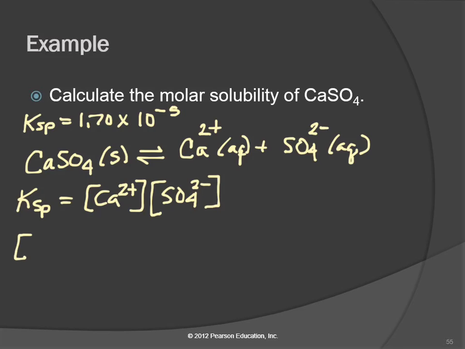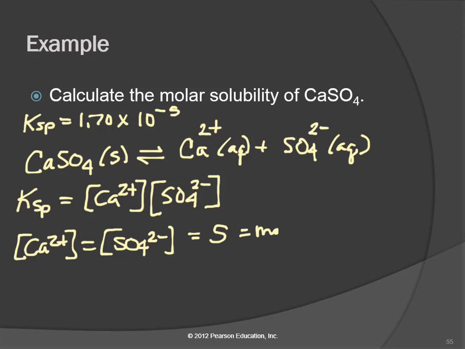So the calcium ion concentration equals the sulfate ion concentration. We call that S, and that equals the moles of that substance that dissolve per liter of solution. So then we can say that KSP equals S squared.